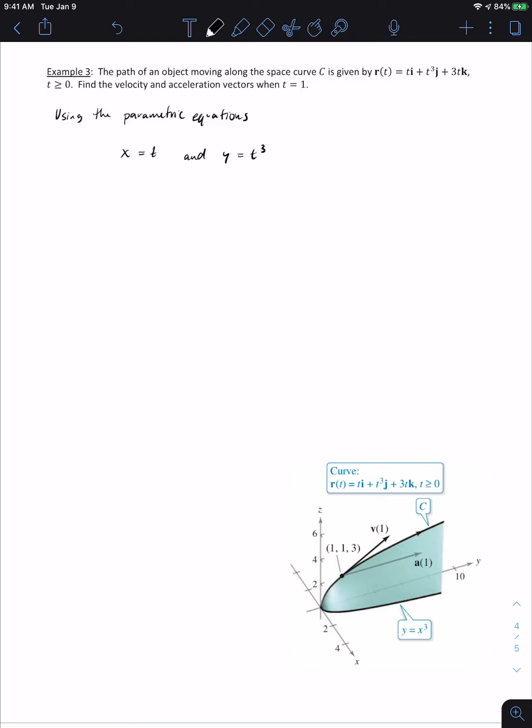We know what's going on. We can determine that the path of the object lies on the cylinder given by y equals x cubed, right?